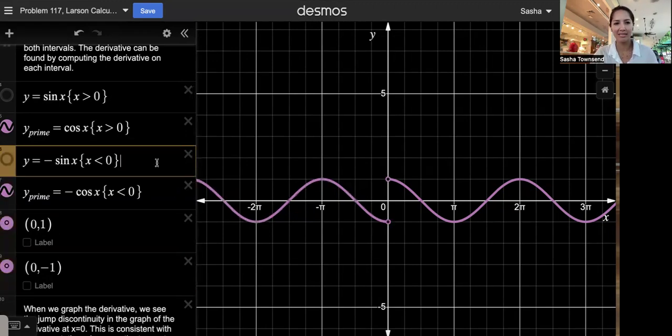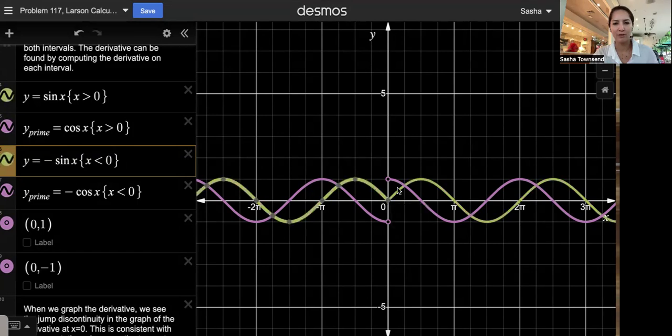Now, typically we say that the derivative does not exist at a location like this one, where you've got a cusp here. Because if we look at the tangent lines, the tangent line on the right of 0 is going to have a slope of 1, so it's just the line y equals x.